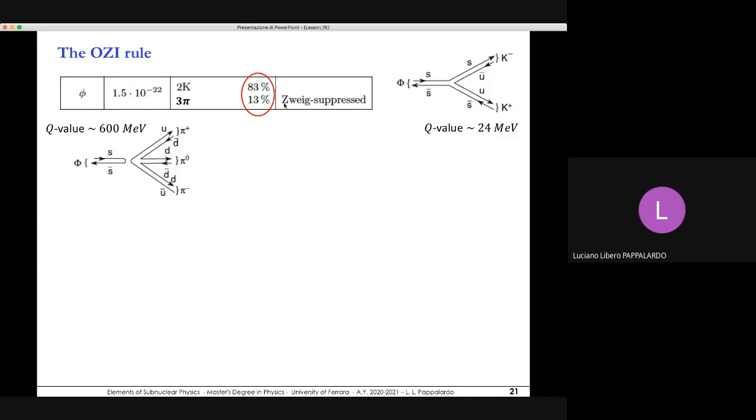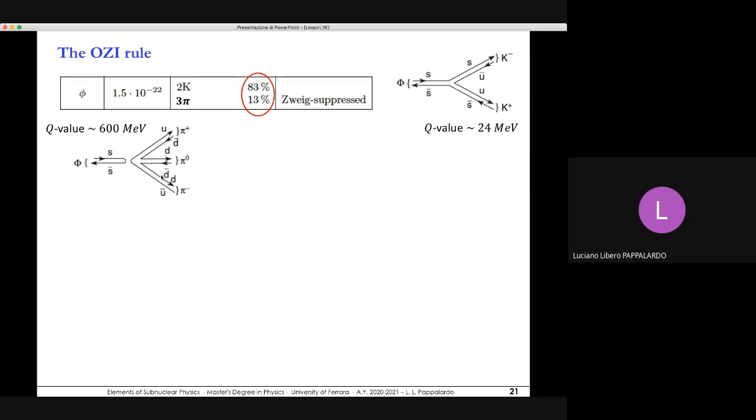Okay. Now, if one looks at the energy available in the final state, so the Q value, it is much more favorable for the decay in 3 pions. So the phase space is much wider in the case of 3 pion decay than in the case of 2 kaons decay, which is only 24 MeV compared to 600. Okay, and the reason for that, of course, is that the 3 pions are light mesons.